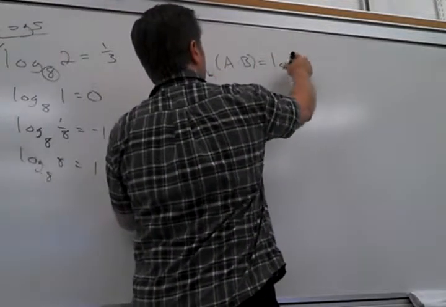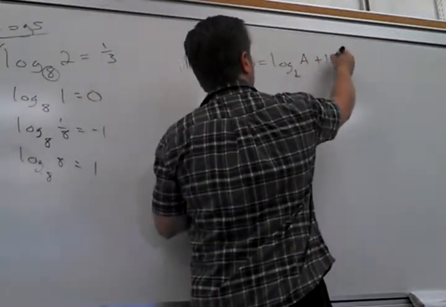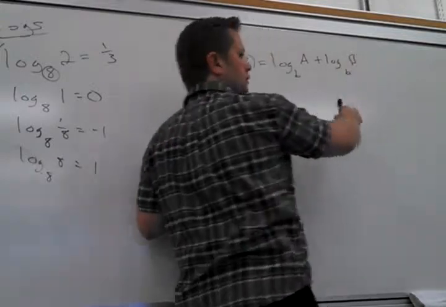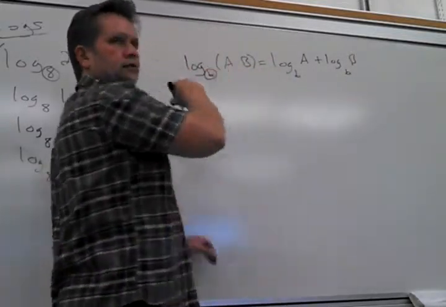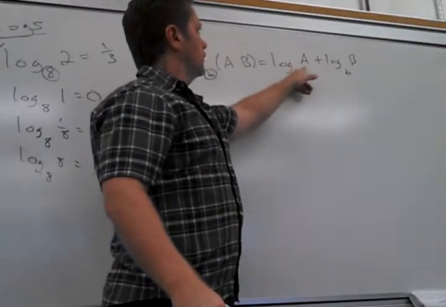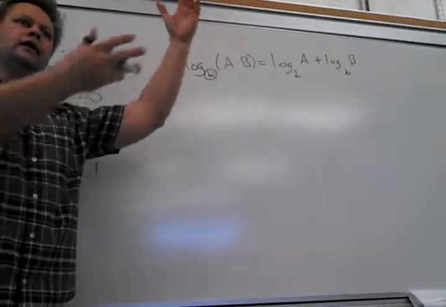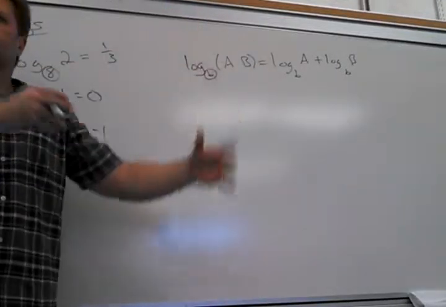So it'll be log base b of, the power on that plus the power on that. It makes sense. They both have base b, so I'm going to add the power on the first and the power on the second. That's why that property makes total sense. So when I divide, I'm going to subtract, right?